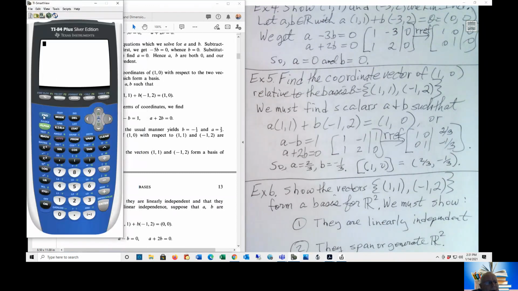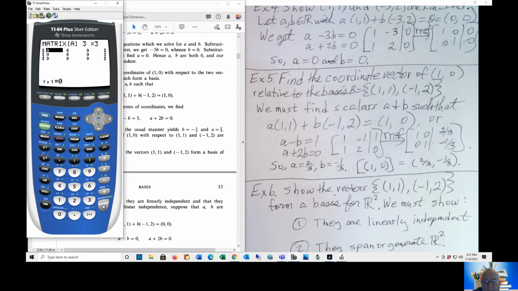Here's my calculator. You go under second function, x inverse, and let's edit our first matrix. It's going to be 2 rows and 3 columns. However, when working on the calculator, it's probably best for it to be square. So I'm going to add a row of zeros to the bottom of this system to prevent a calculator error, making it 3 by 3.